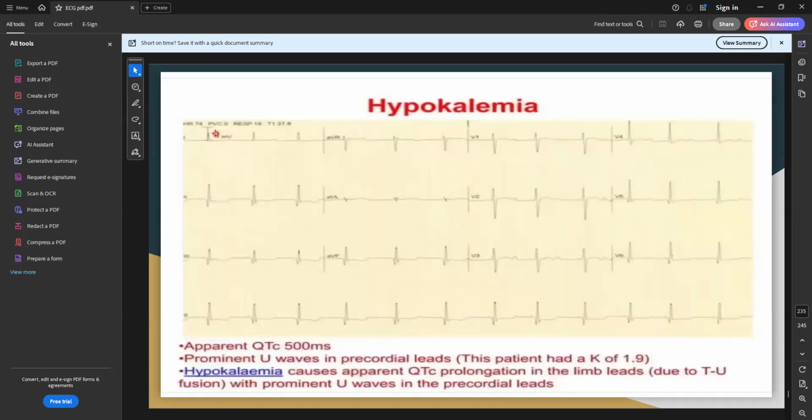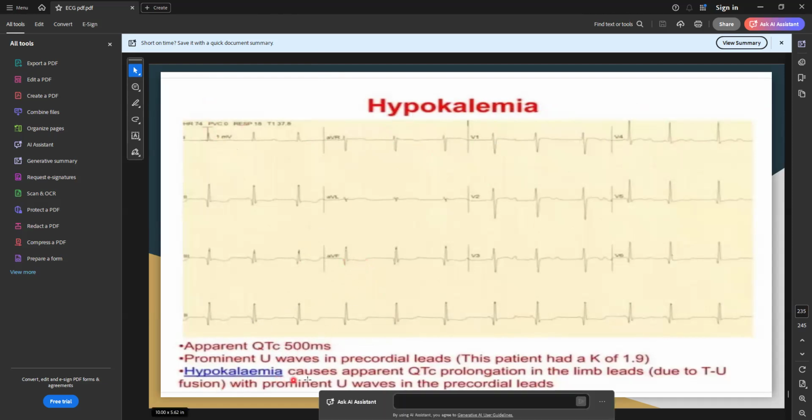This is the ECG of a hypokalemic patient showing the QTC level. Here you can see this is the Q wave and this is the end of the T wave. This QT duration is prolonged.